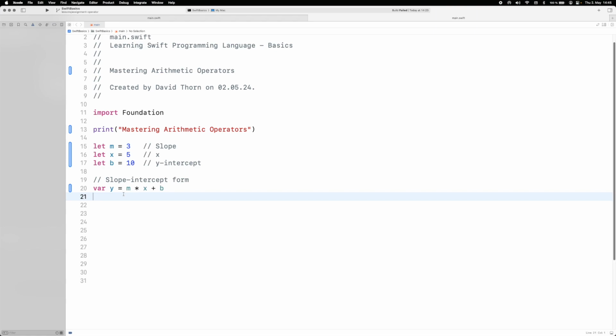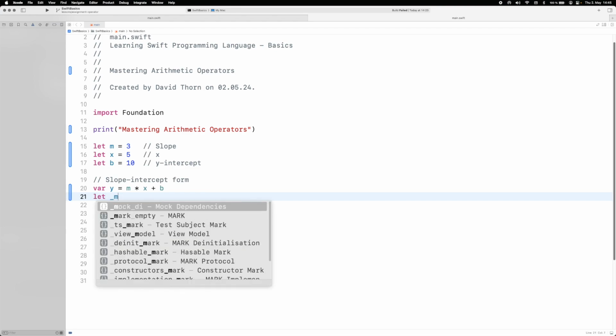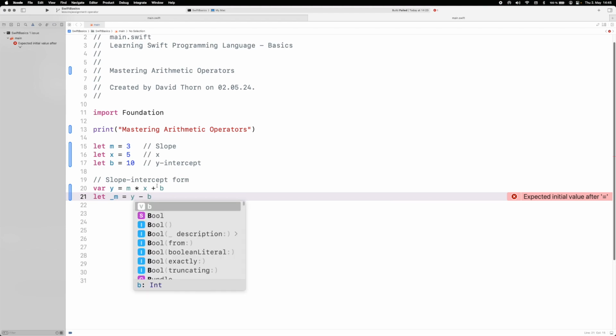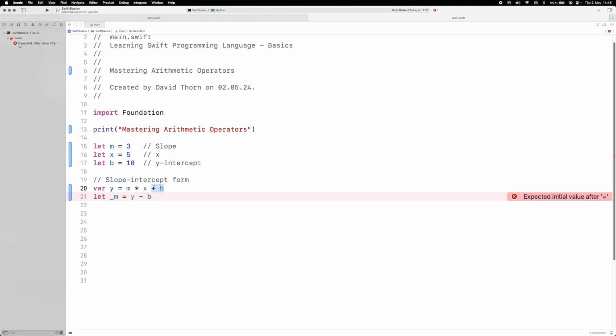So what if we now want to work out the value of m without looking at this? We could make another expression, and we'll say the value of m is equal to y minus b, because we're going to bring b across to the other side, so we minus it off this side and minus it on the other side as well.